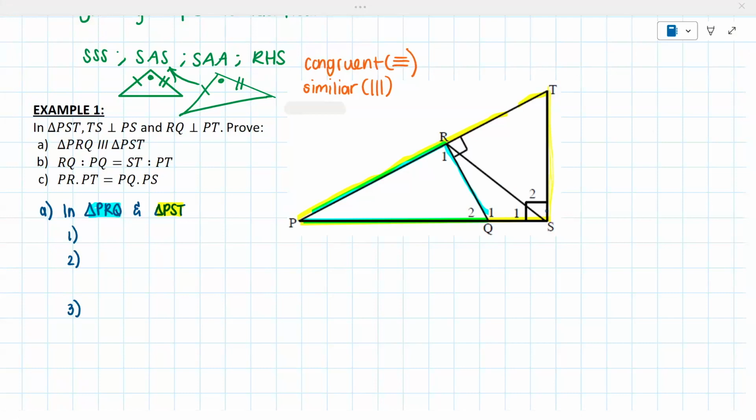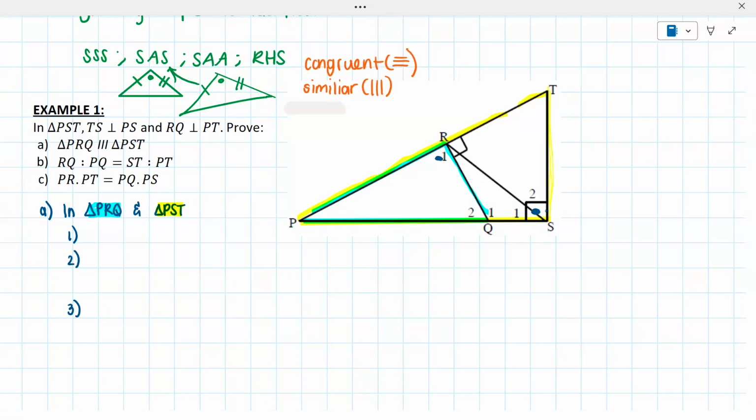Look in your blue triangle, look in your yellow. Does the blue and the yellow have the same sized angle? Perfect. Okay, Bonga and Corsia said R1 is equal to angle PST, which is the 90 degrees, exactly.